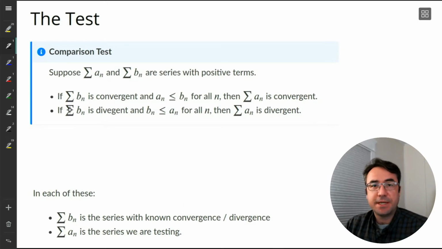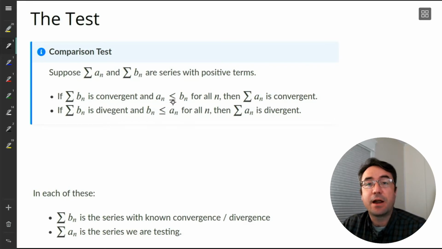Now what the test says is that if sigma bn is convergent, and we have this inequality where the terms an are less than or equal to the terms bn for all n, then our series sigma an is also convergent.